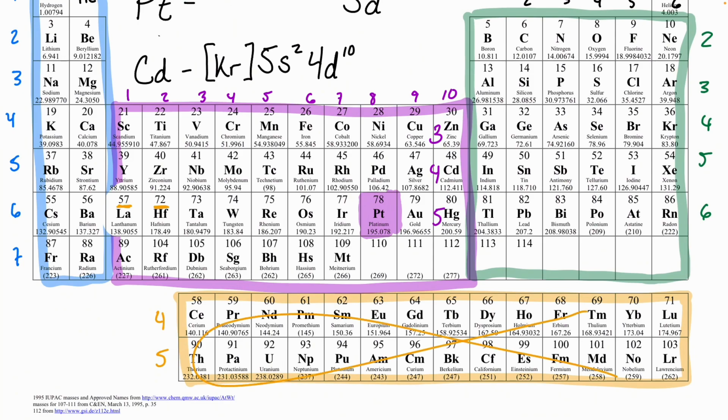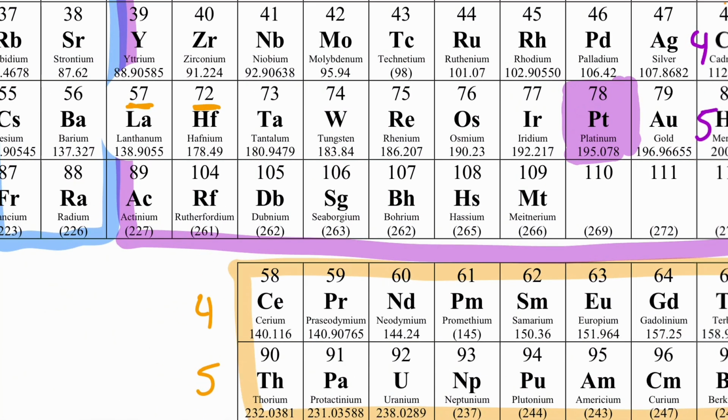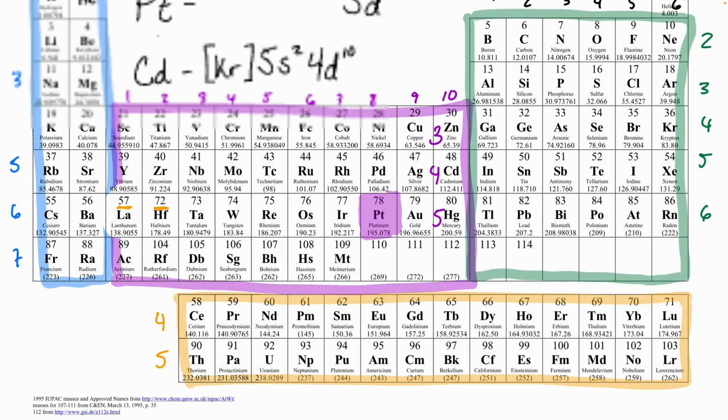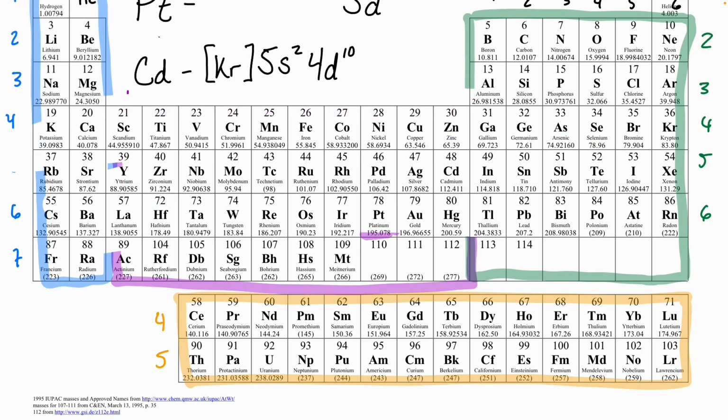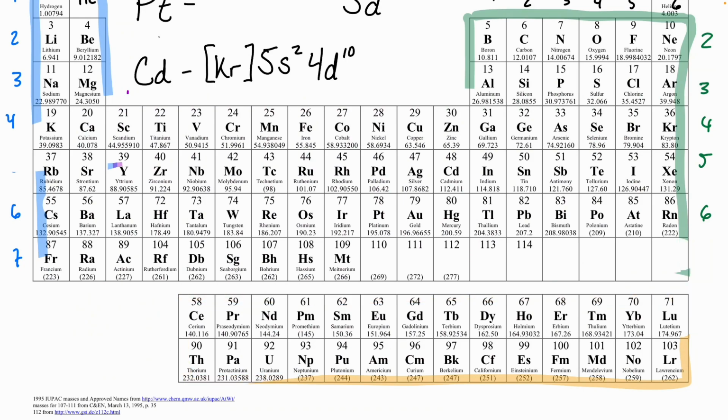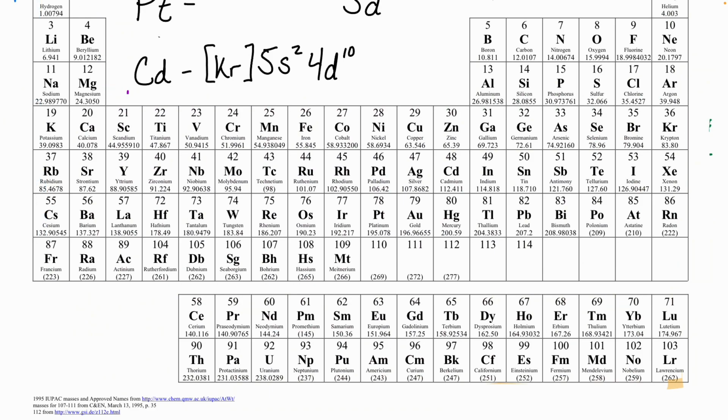And honestly, we don't really use these bottom elements very much. They're very, very rare. So we kind of take that F block and we move it down so we can scrunch everything together. But really what we should do in this periodic table, let me get rid of some of these markings so we can see this more clearly, is crack our periodic table at that line and insert that F block.